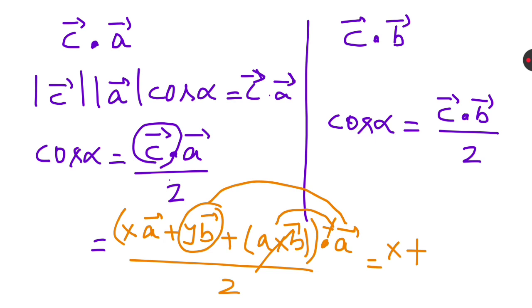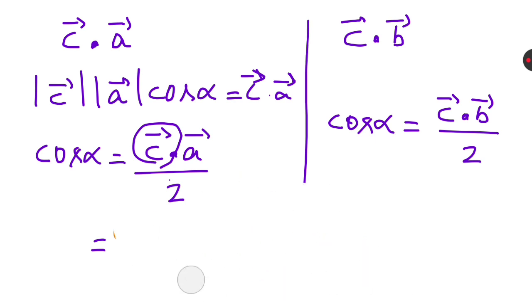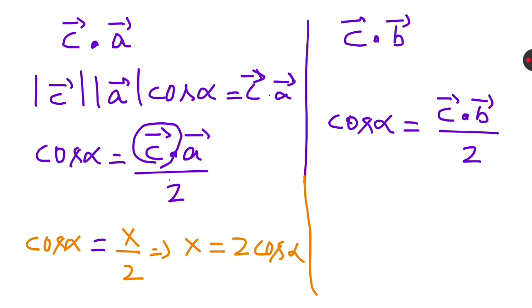So we are left with only x. So cos alpha equals x over 2, and from here x equals 2 cos alpha. Similarly, with B we get y over 2, so y equals 2 cos alpha.